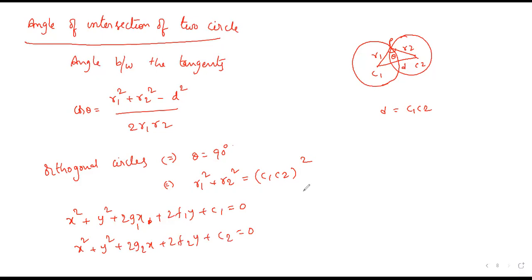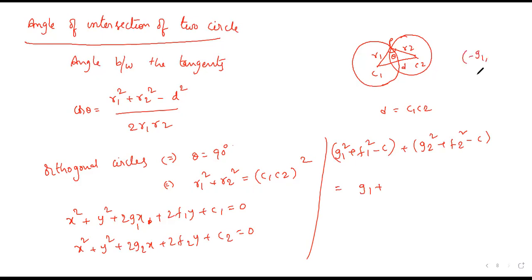Then apply this condition: r1 square is g1 square plus f1 square minus c1, and similarly g2 square plus f2 square minus c2, equals C1C2 whole square. The centers are (minus g1, minus f1) and (minus g2, minus f2). So you will get g1 minus g2 whole square plus f1 minus f2 whole square.